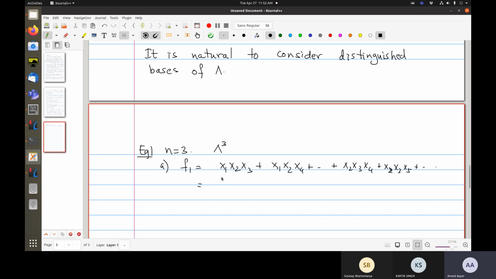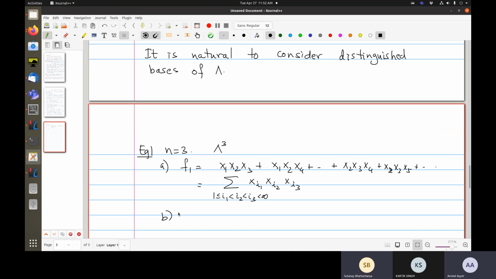If I write it succinctly, this is the sum of x_i1 x_i2 x_i3 over 1 less than or equal to i1 strictly less than i2 strictly less than i3. So it sums over all those. Okay, that's one. Any other element?